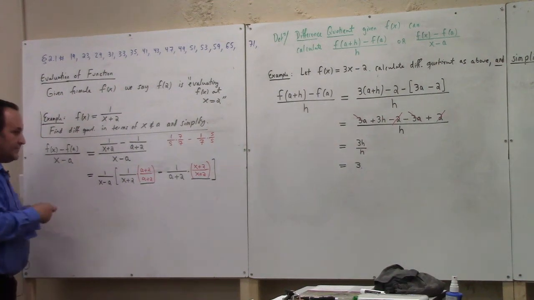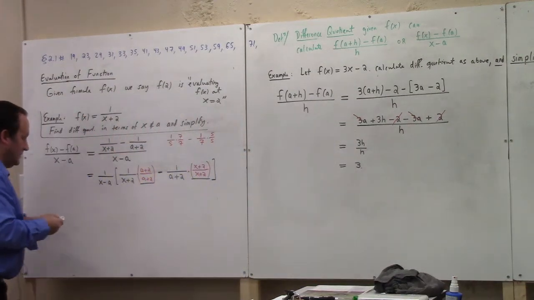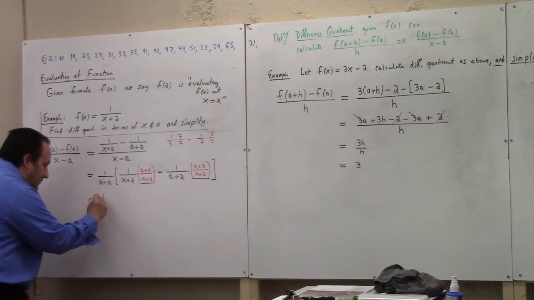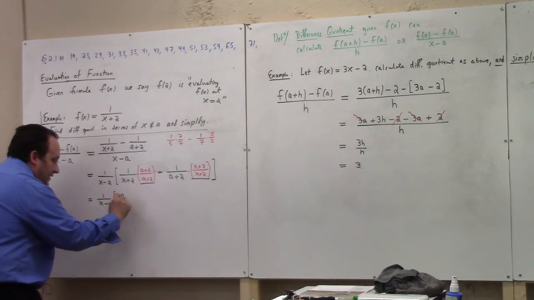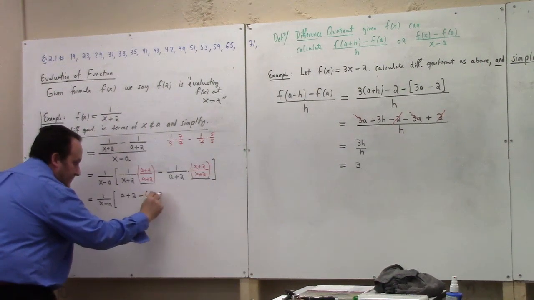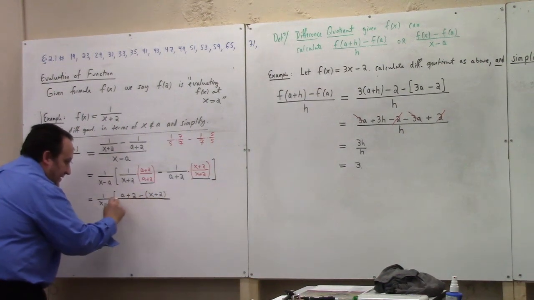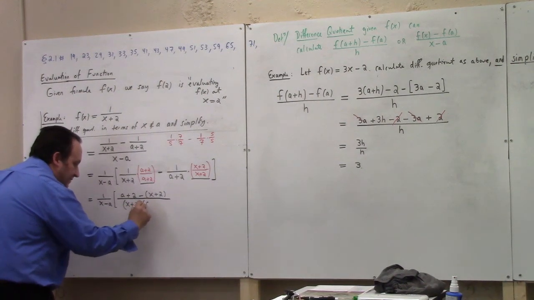And so we've got 1 over x minus a. And so we got what? We got a plus 2 minus parentheses x plus 2 divided by x plus 2 times a plus 2.